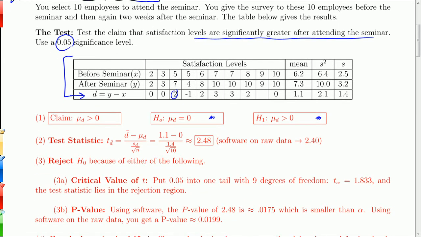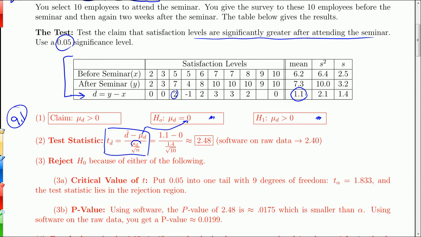So we look at the test statistic from Chapter 9.1, and we have d bar. That's the sample mean difference. That's the 1.1. We have mu sub d, which comes from the null hypothesis, the assumed difference.